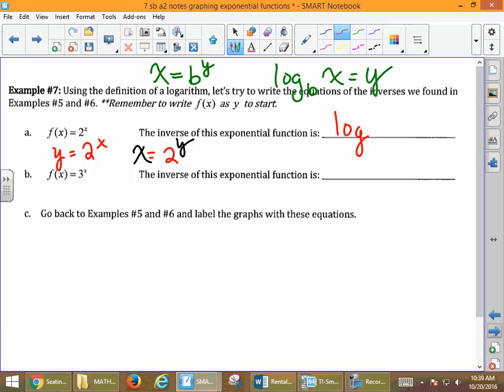Well, what's our base of our function? It's going to be the 2. Log base 2. And that 2 is a subscript. It drops down a half a line or so. And then, if we notice here, the exponent is what this logarithm equals. I'm going to put equals y, which means that we need to put our x here.